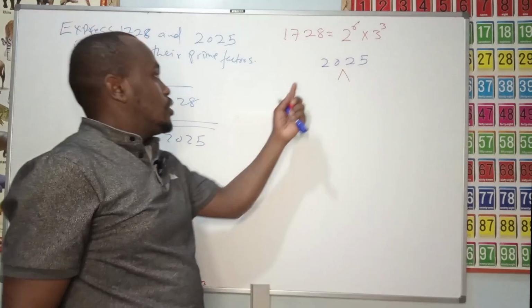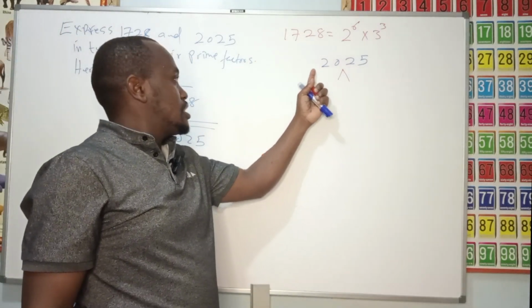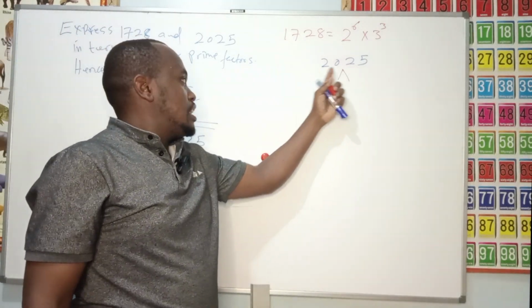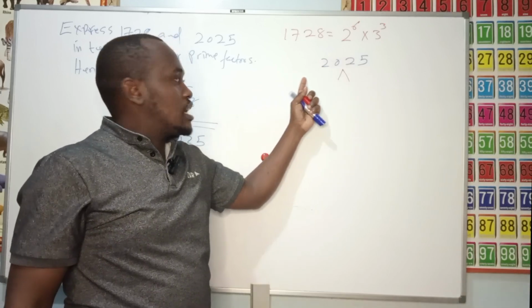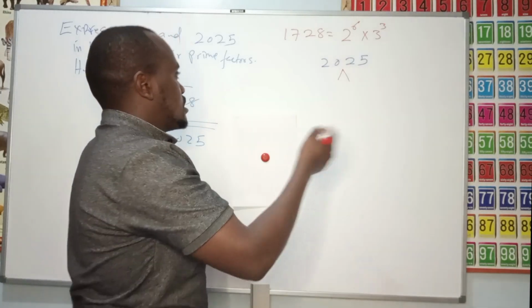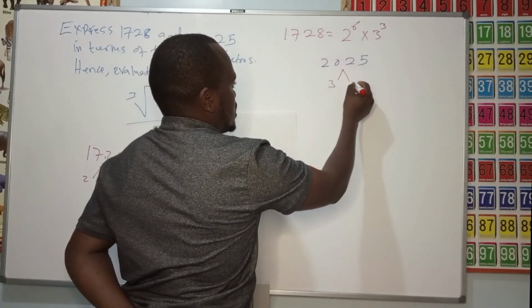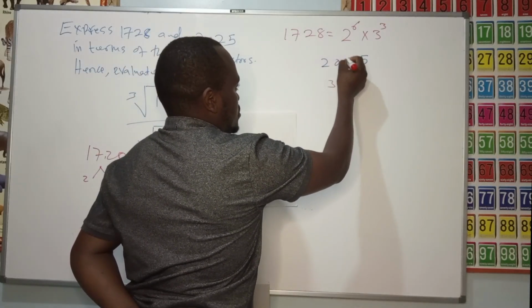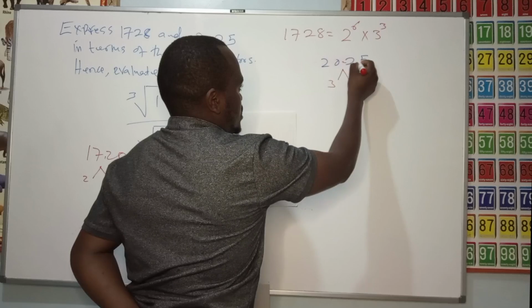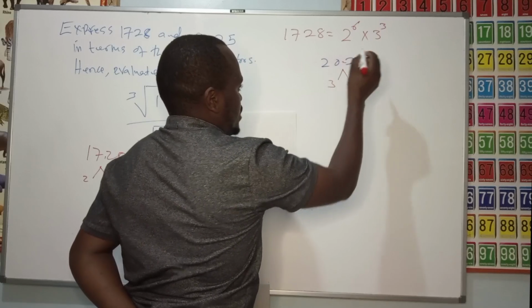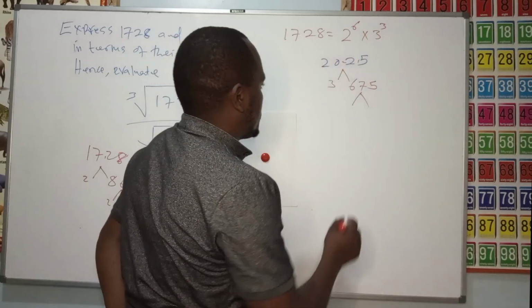Yes, it is. Divisibility test of 3, you are supposed to add the digits, and when you add them, it comes to 9. Therefore, it is divisible by 3. So when you divide by 3, you get 675.